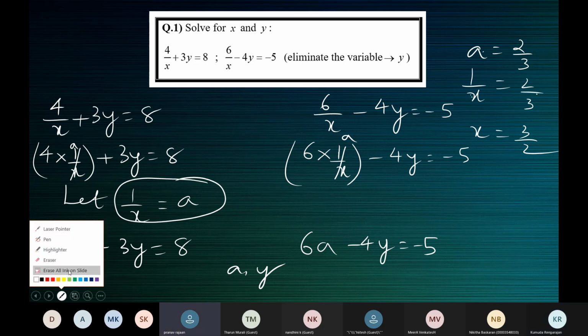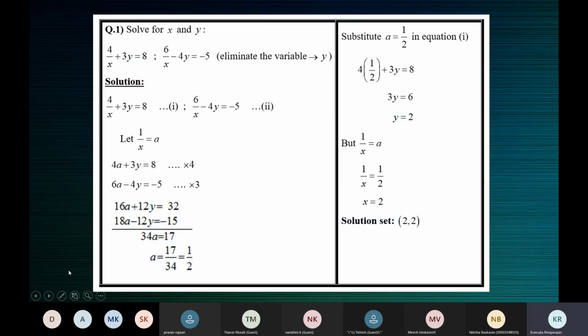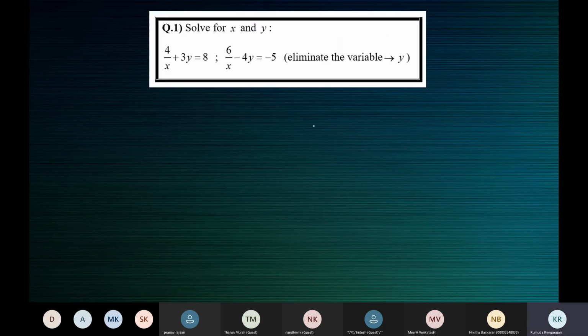You don't get 2x by 3, ma'am. If we call it 1 by x, we will get 2 by 3x only now, ma'am. 1 by x is equal to 2 by 3.